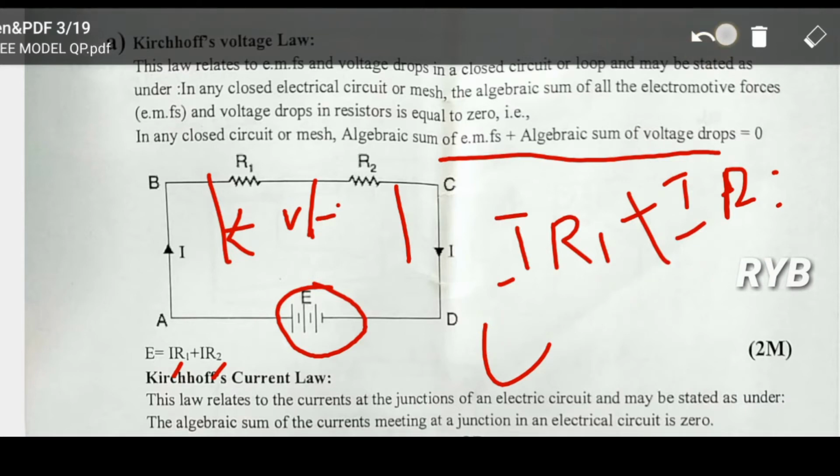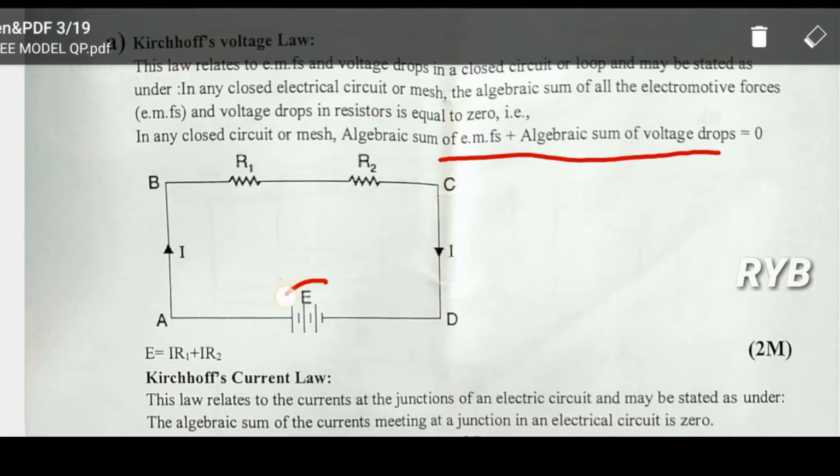For this circuit, for example, we consider it to explain KVL. Two resistors R1 and R2 are connected in series with the voltage source or EMF E. The total voltage drop equals the supply voltage E, which equals I R1 plus I R2, because the voltage drop across R1 is I into R1 according to Ohm's law.